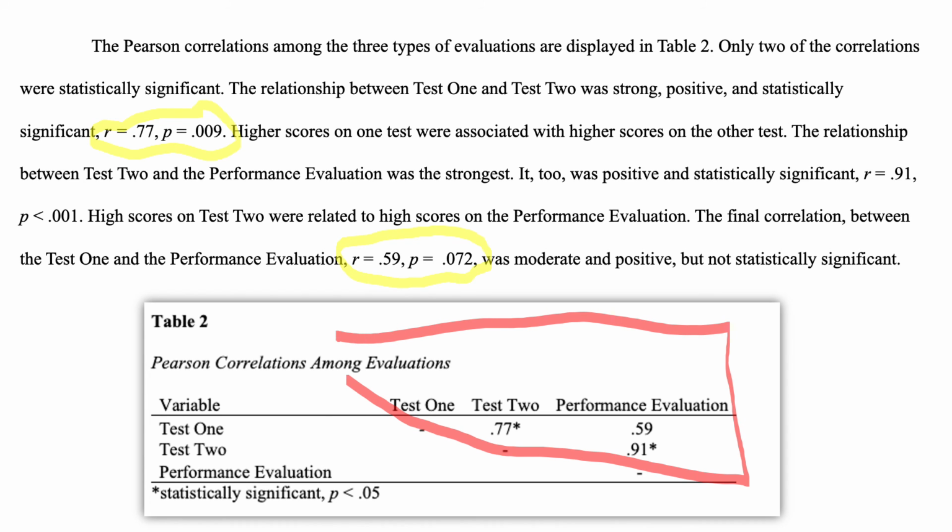And I've put hyphens in here where performance evaluation correlated to performance evaluation. Don't use a 1. That doesn't give us any information. We're not interested in the correlation of something with itself. And I've indicated which ones are statistically significant right in my chart at a glance.